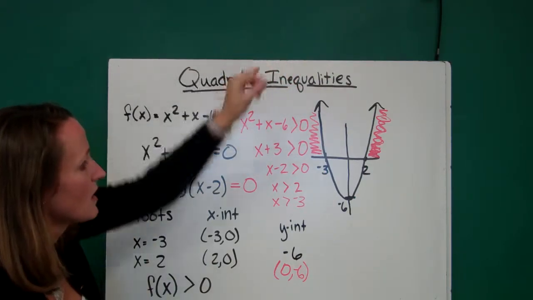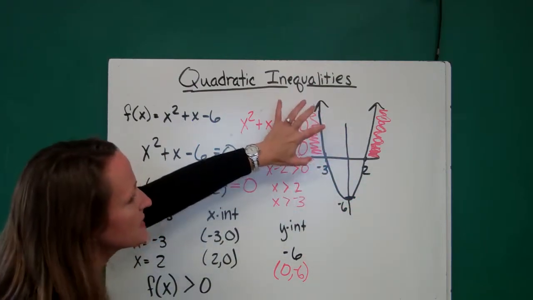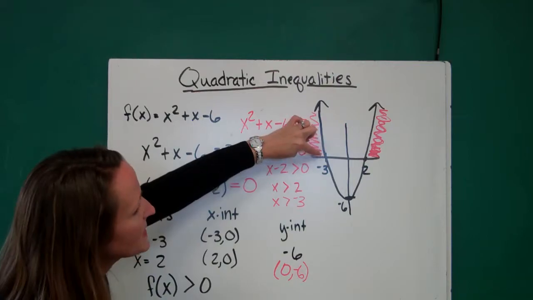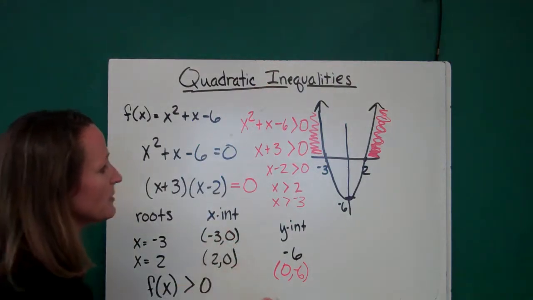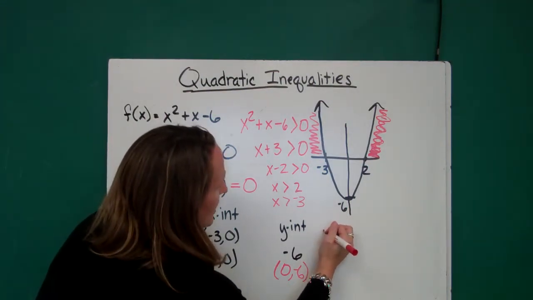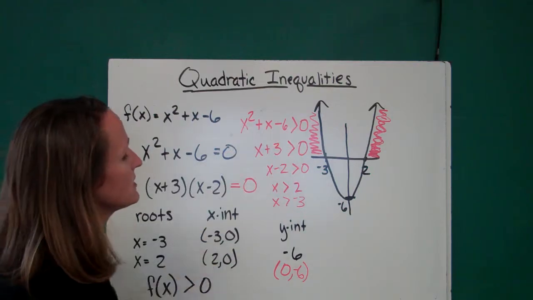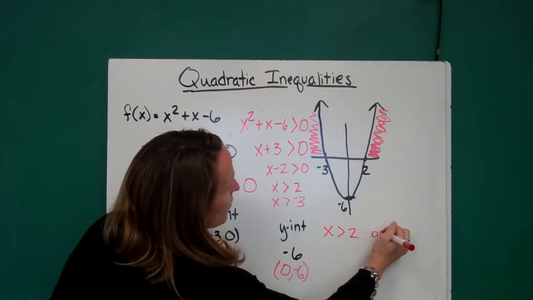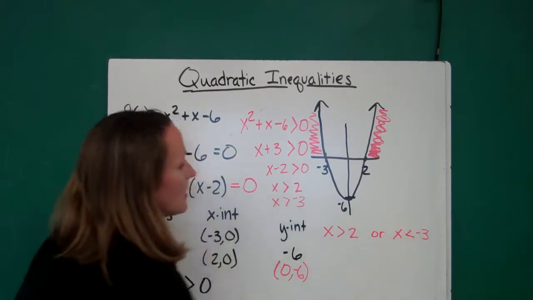Your sign's a little misleading here, but it makes sense if you think about it, because this is positive here at signs less than negative 3. So the way we would write this would be that this is greater than 0 when x is greater than 2, or x is less than negative 3.